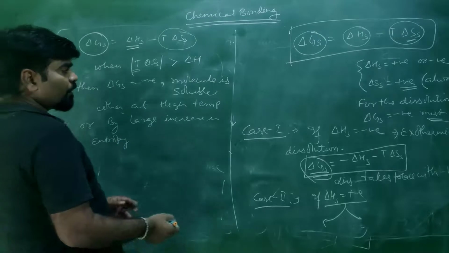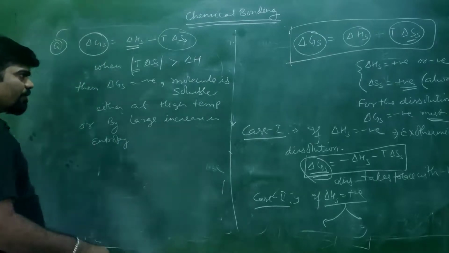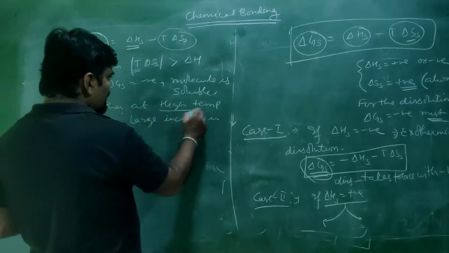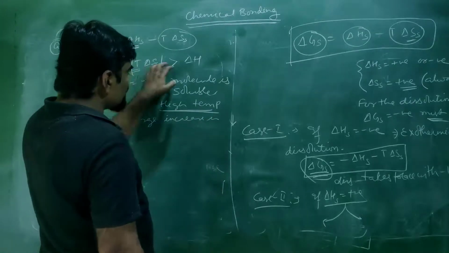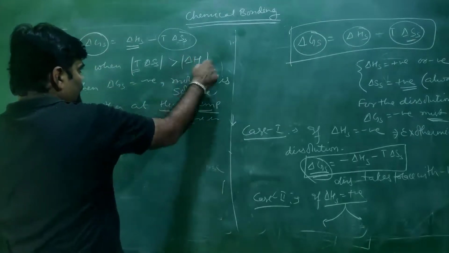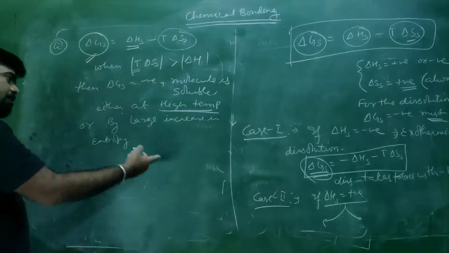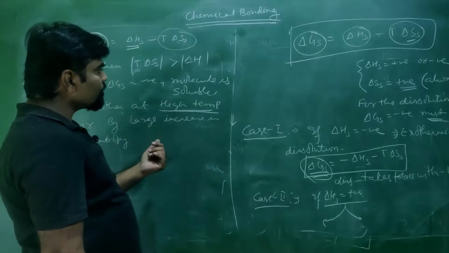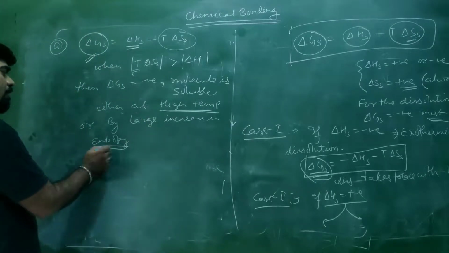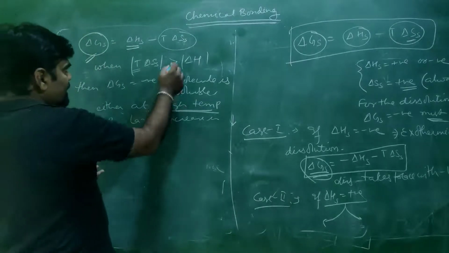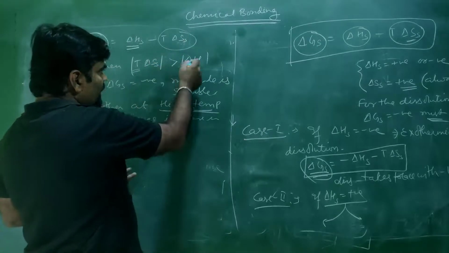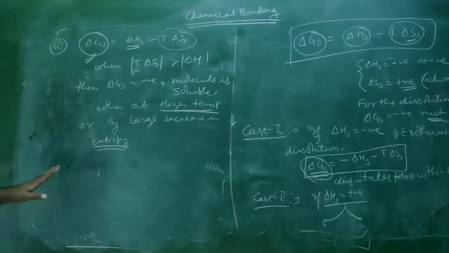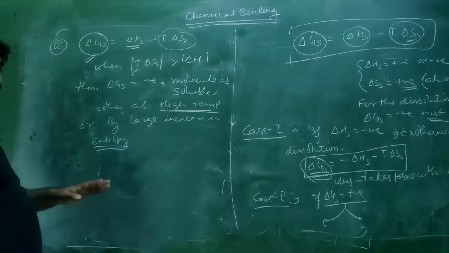Therefore, there are some molecules which remain insoluble in cold water but soluble in hot water, because at high temperature T del S is greater than del H, and therefore del Gs is negative and the process is possible. In some cases there is a large increase in entropy, which again makes T del S greater, and again del Gs is negative. So this is the case of solubility in ionic compounds.